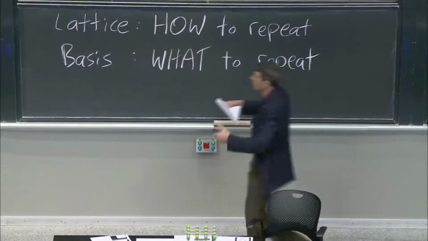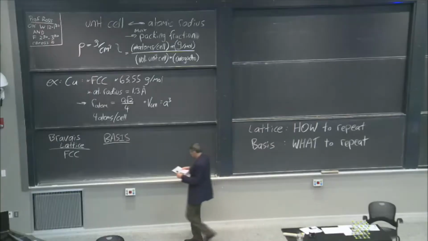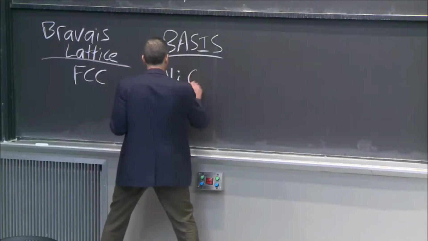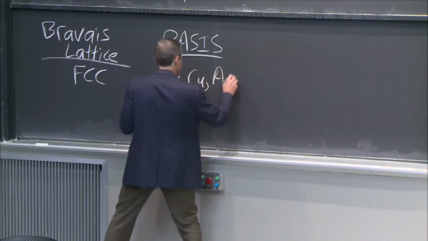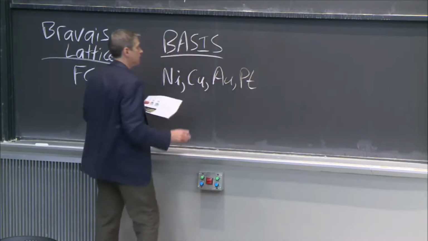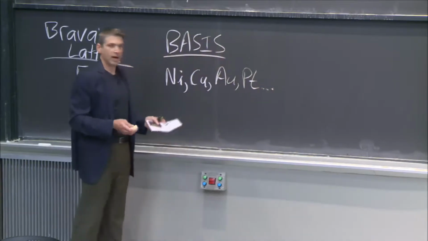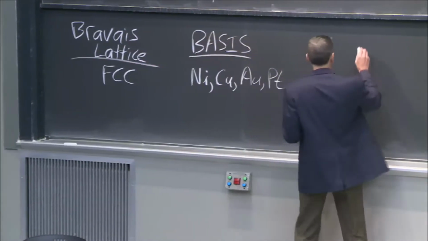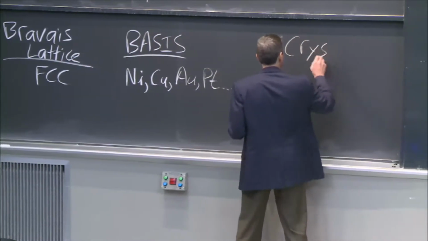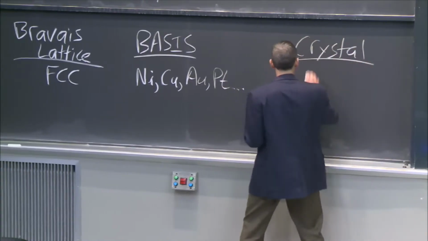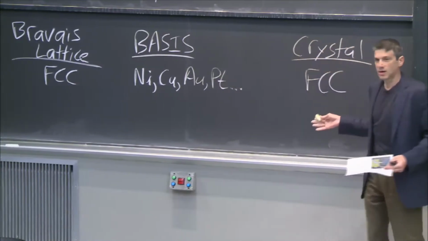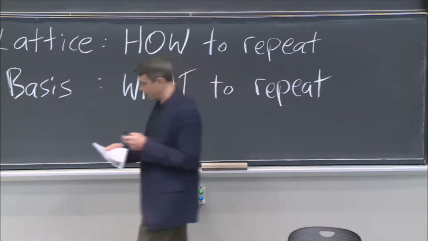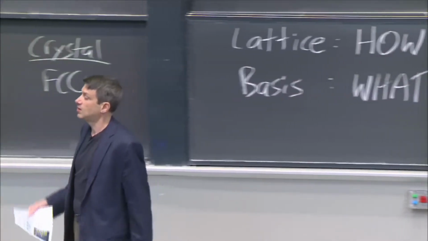For example, if my basis is a single atom, nickel, copper, gold, platinum, well, I showed you these from the periodic table on Monday, right? We highlighted them when we talked about FCC. Then the crystal that you get is FCC. These are the ones we did on Monday, right? Those are FCC crystals.